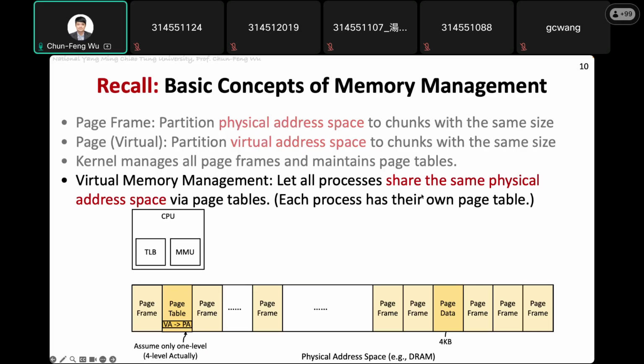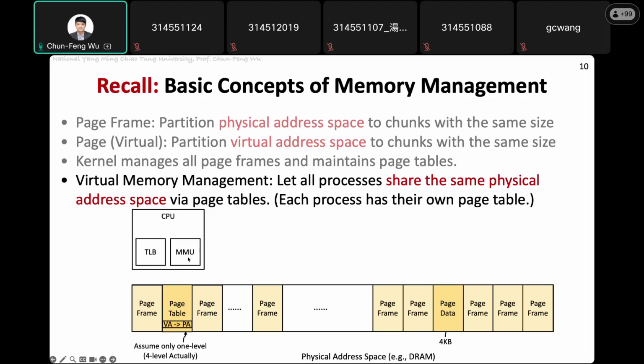A very quick example of page table working: inside your CPU, there are two different components. One is called the TLB, and the other is called the MMU. The TLB works like a page table entry cache. We do the page table translation, the VA to PA translation, with the MMU, the memory management unit.